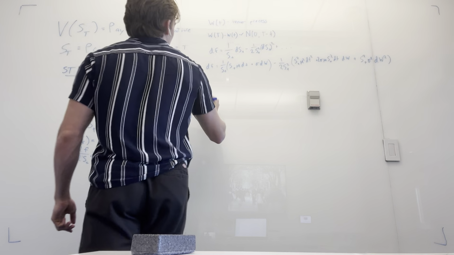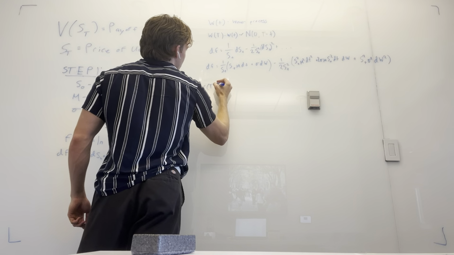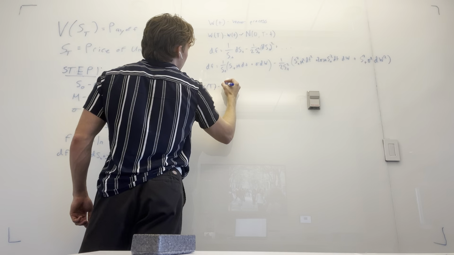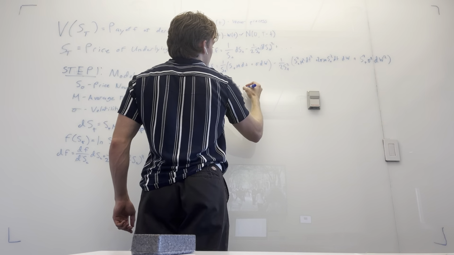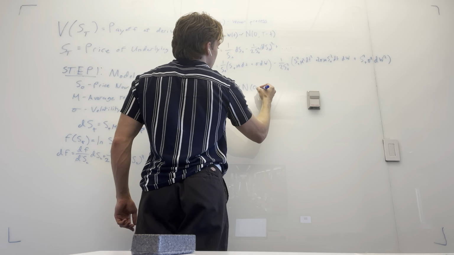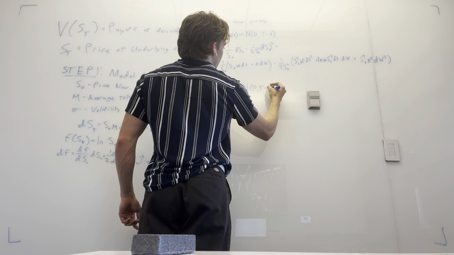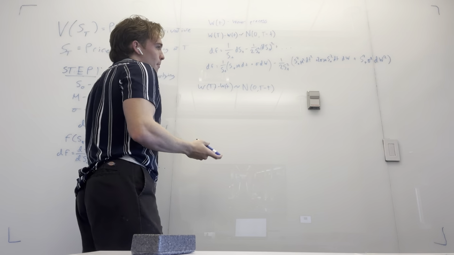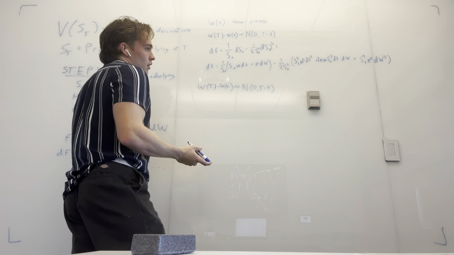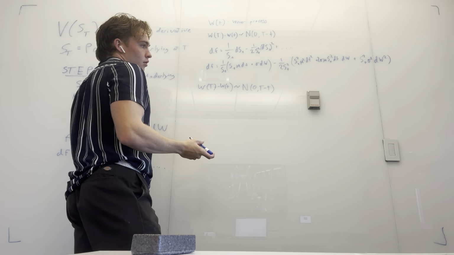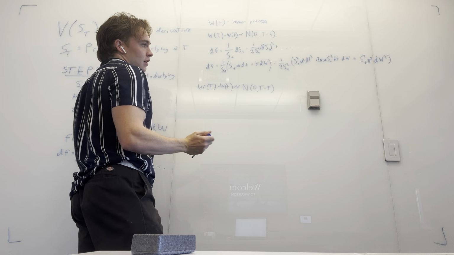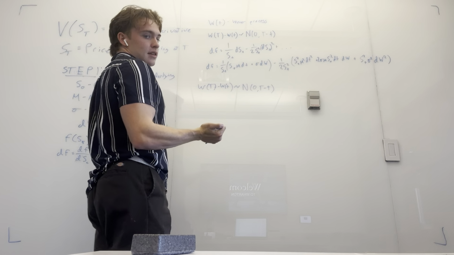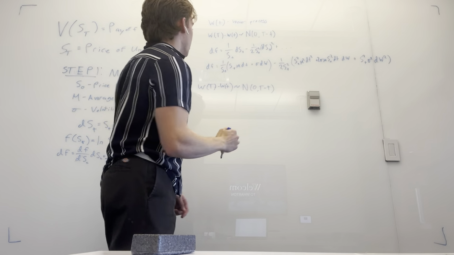for any Wiener process, Wt minus Ws, that means it is normally distributed 0 to t minus s. Now, essentially, the way that I see this making sense, or here, I'll give you the formula.